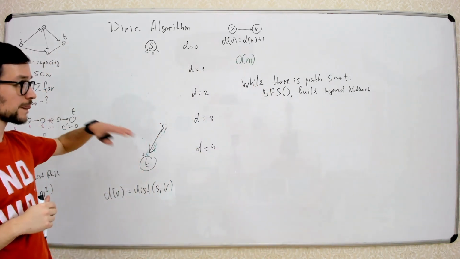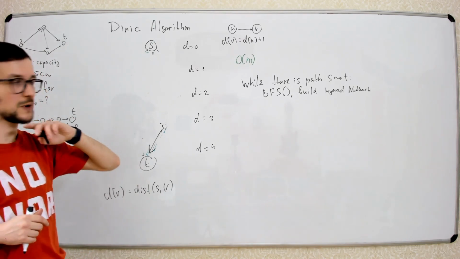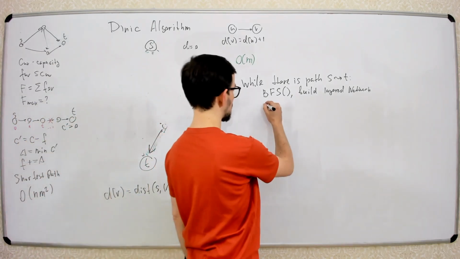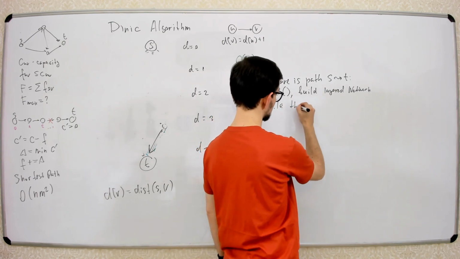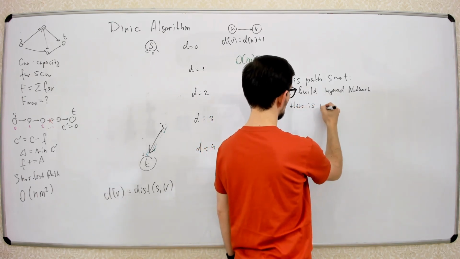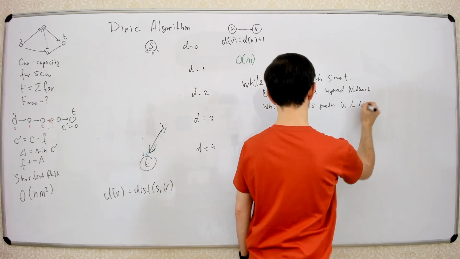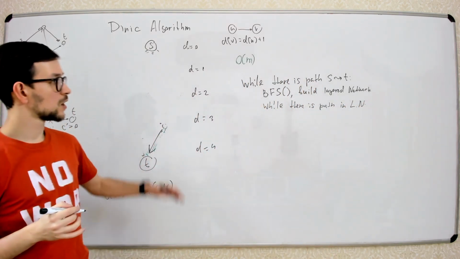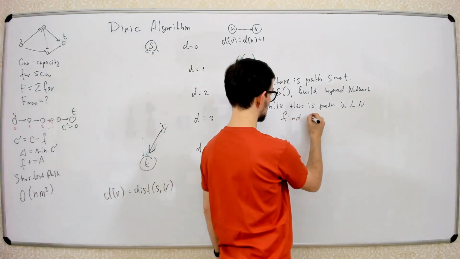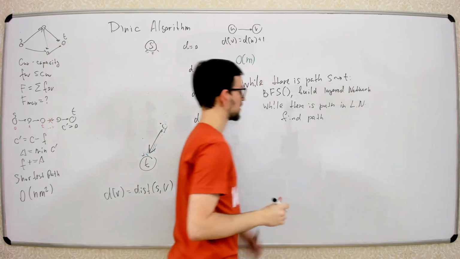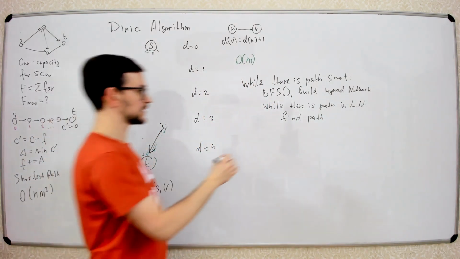Then each time we try to find the shortest path from S to T. So while there is a path in this layered network, we find the path. It's very much pseudocode, right? Then calculate the delta.